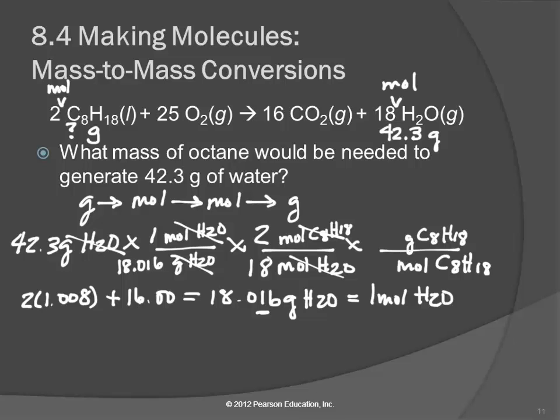C8H18, we've got 8 times the mass of carbon and 18 times the mass of hydrogen. Yeah, I always read my calculator up. It's always good to do it yourself on the calculator. Like when you're in lab, don't rely on your partner's calculation because sometimes they do it wrong.